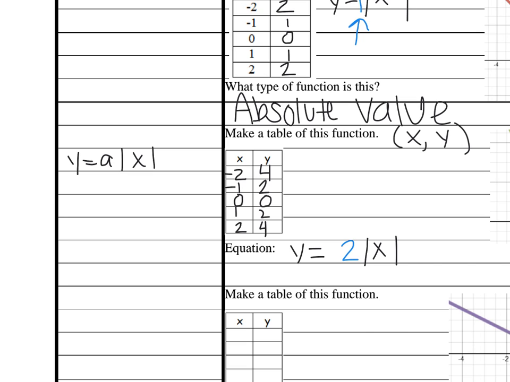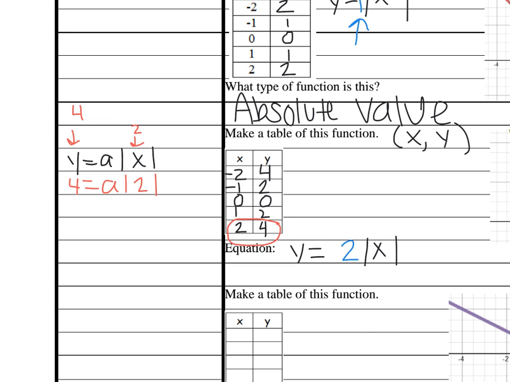So in this case, I could choose to use 2 and 4. 2 would be my x. I'm going to put a 2 here. And then 4 will go where the y is, and then we solve for a. So 4 equals a times the absolute value of 2.